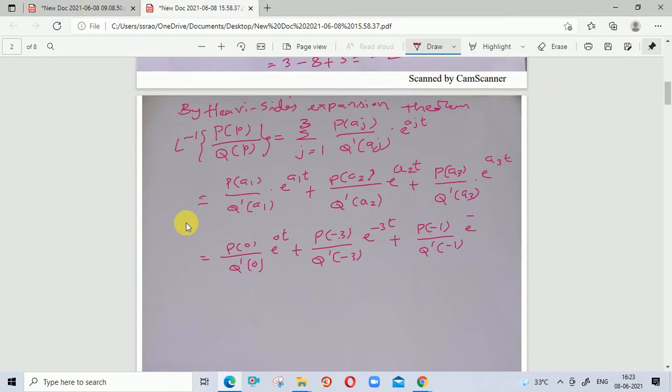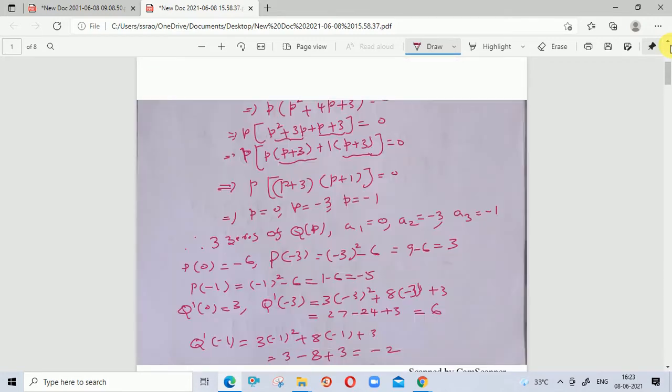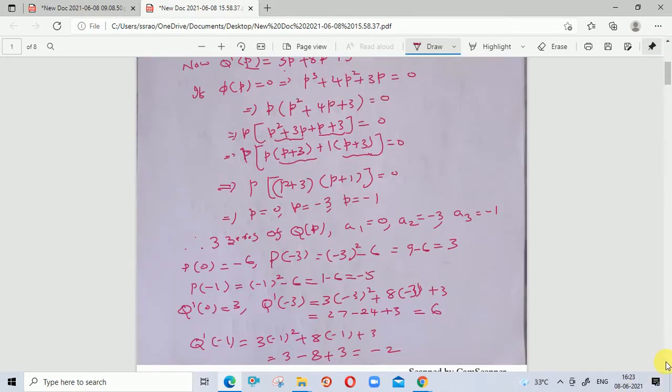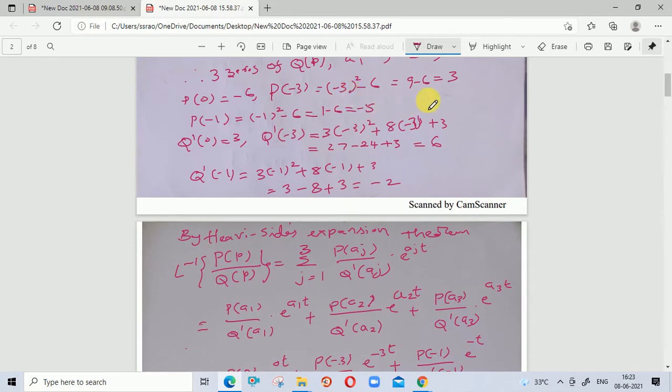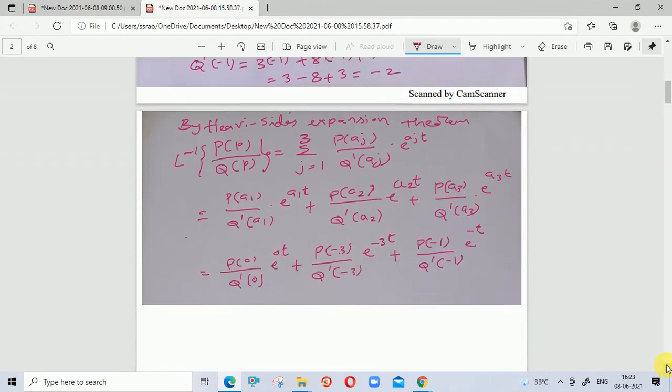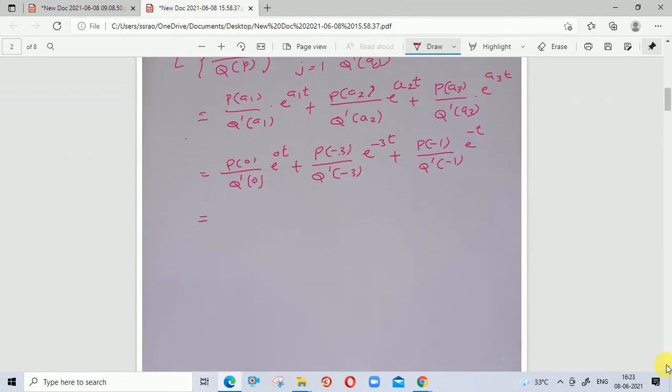What did we get for P of 0? P of 0 is minus 6. Then Q dash of 0 is 3, so minus 6 by 3 into e power 0t, that is 1.